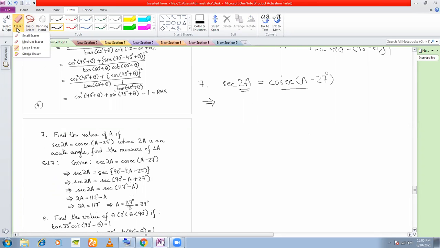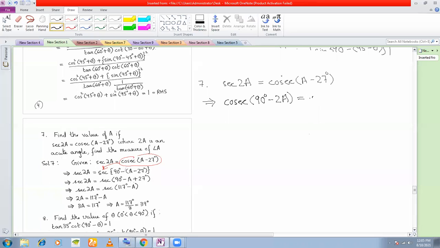You can change this to, I think I have done this way. Let me do the other way. I think in the solved one, if you see here, I have changed this cosec to sec, right? Here, let me just do the other way. Let me change sec to cosec. So on the left hand side, you have sec. If I want to change this to cosec, I will write this as cosec 90 degree minus 2A.